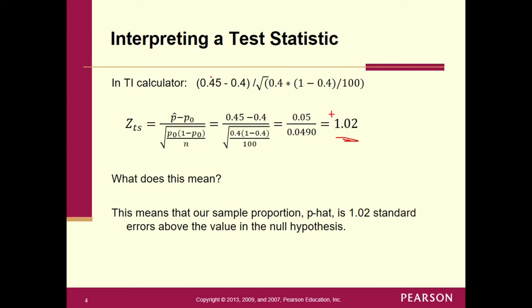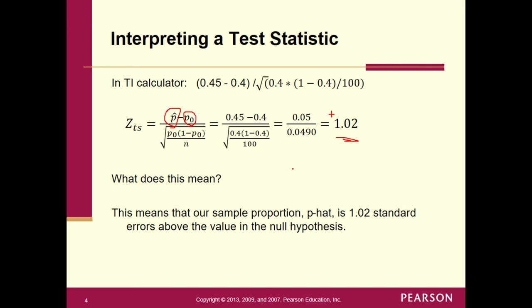This means that our sample proportion, our p hat, is 1.02 standard errors, because Z-scores are in terms of standard deviations or standard errors, and it is above, because we had a plus sign, the value in the null, because that's what we were comparing to. So there is our interpretation of the test statistic.